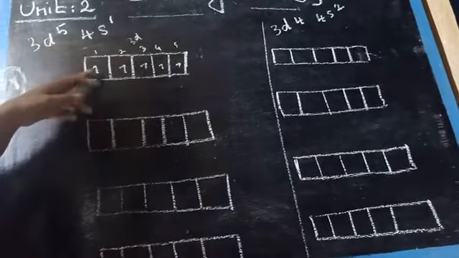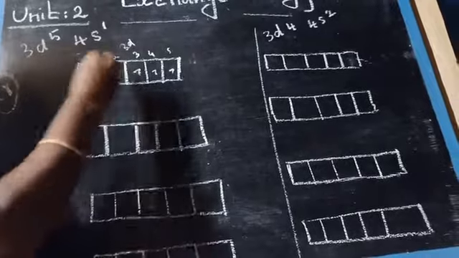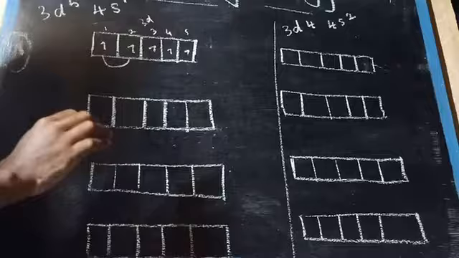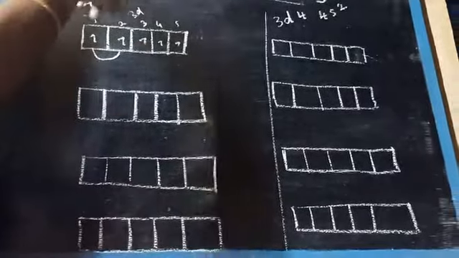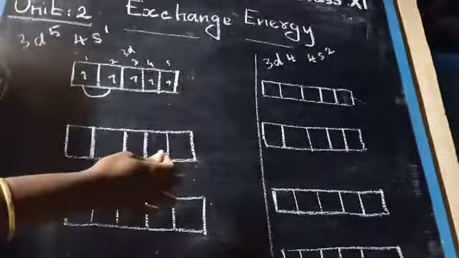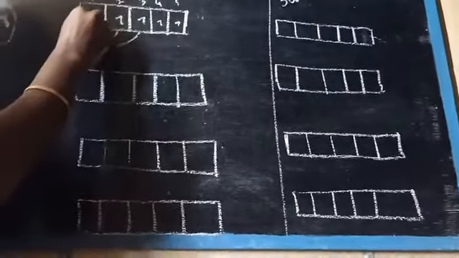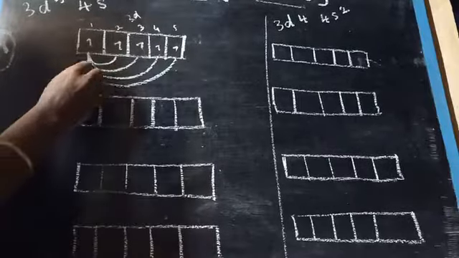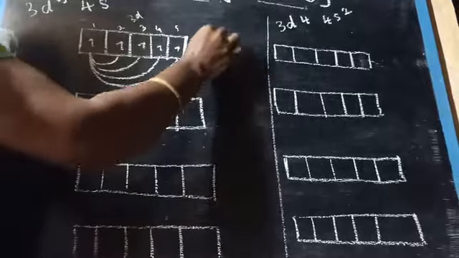The first electron exchanges to the second one, moving to the next orbital, not a different subshell. Next, it is also possible that the first electron exchanges to the third position, and next to the fourth as well as the fifth. So how many? 1, 2, 3, 4. So 4 exchanges are possible.